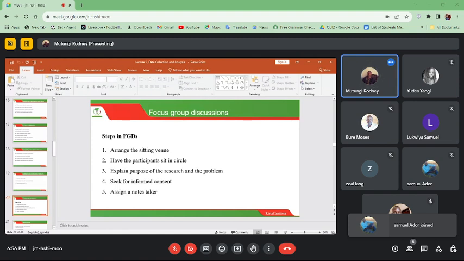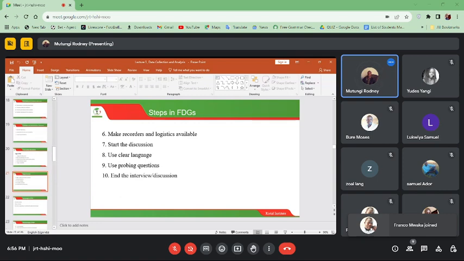Then you assign a note taker, because as you facilitate this group and guide how people are going to participate, you need someone to be taking notes, and if they cannot capture everything, they can also do a recording of that focus group discussion.